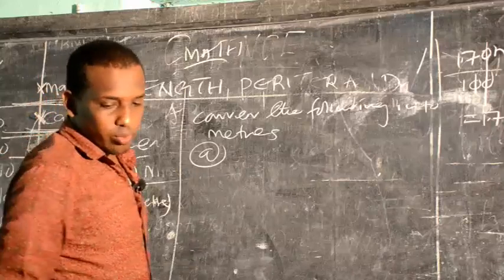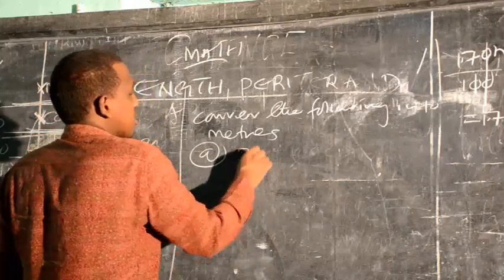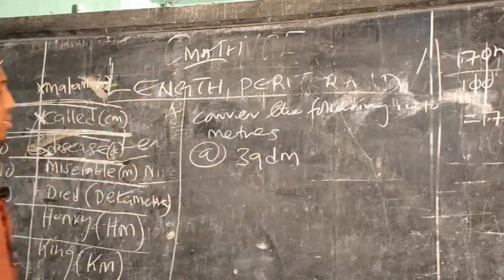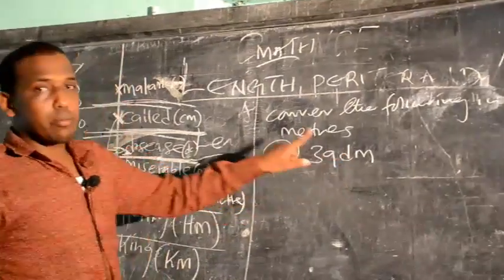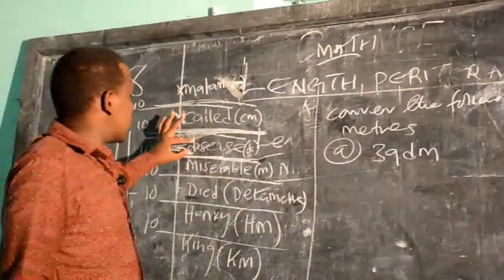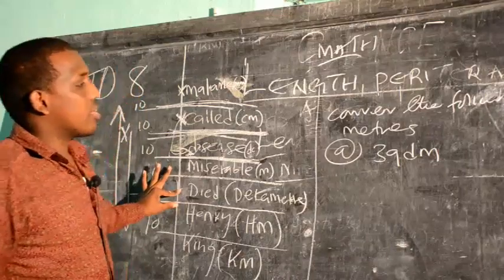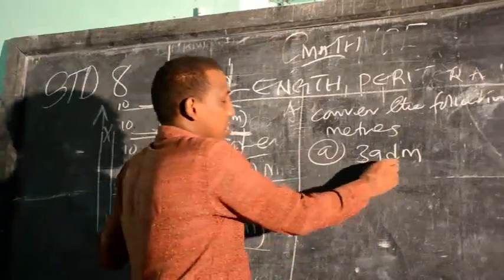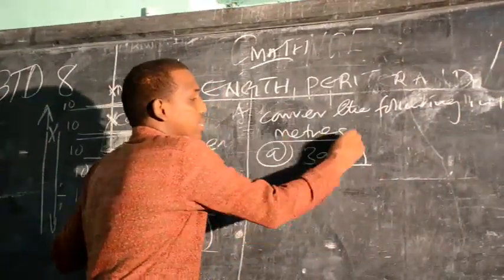Convert the following into meters. 39 decimeter. Now they've given us decimeter. Remember I said small d is decimeter, capital D is decameter. So they want now us to change this decimeter to meters.